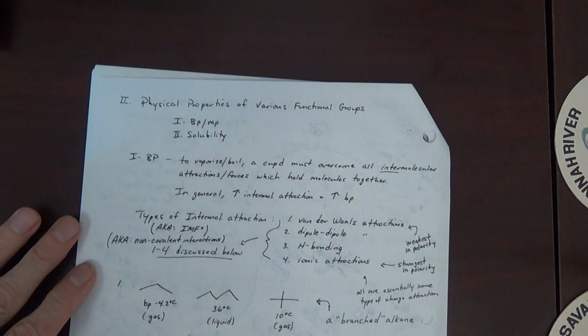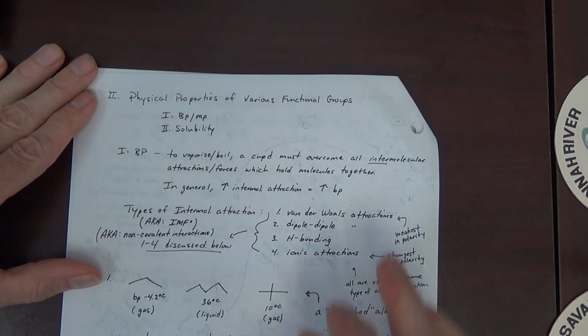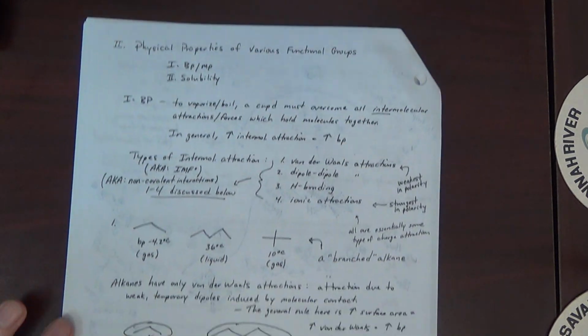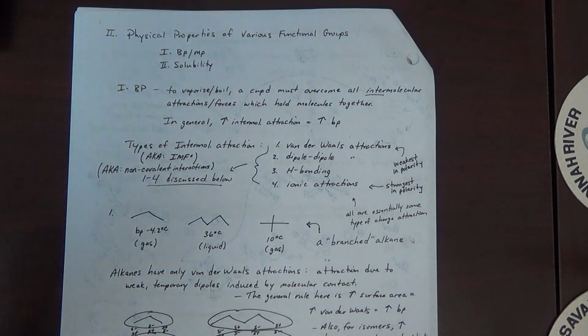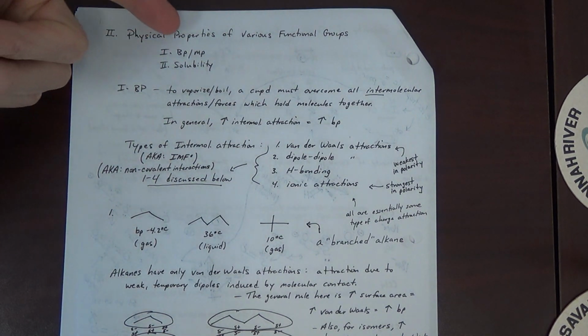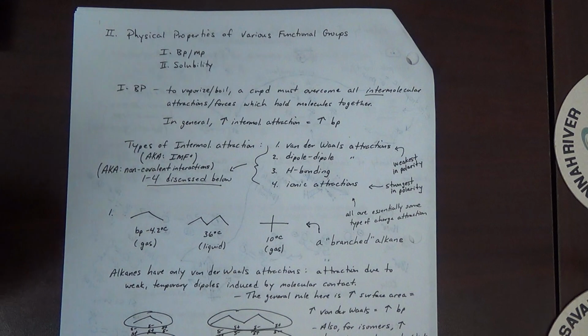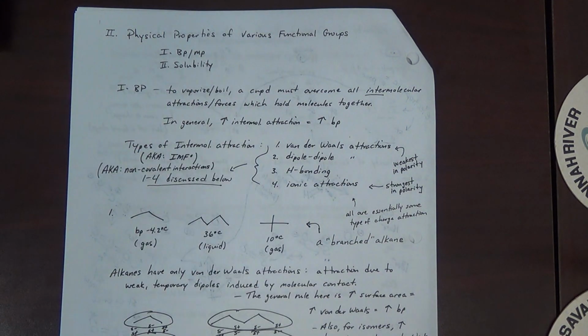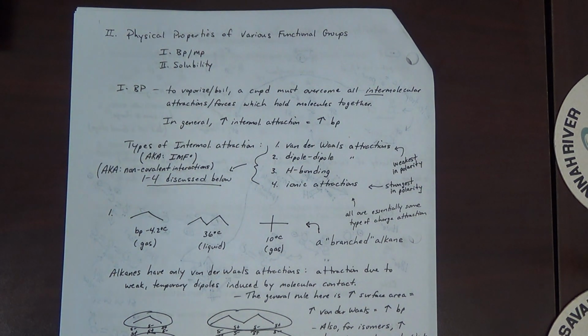Okay, let's take a look at physical properties of various functional groups of organic molecules. We will look at boiling point and melting point, and then we'll also look at solubility. But the solubility portion of this handout has been covered in a separate video.